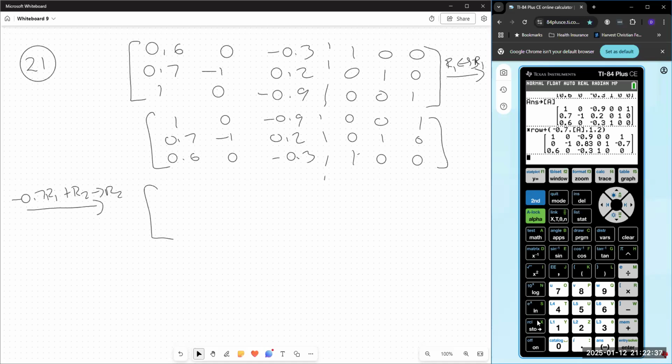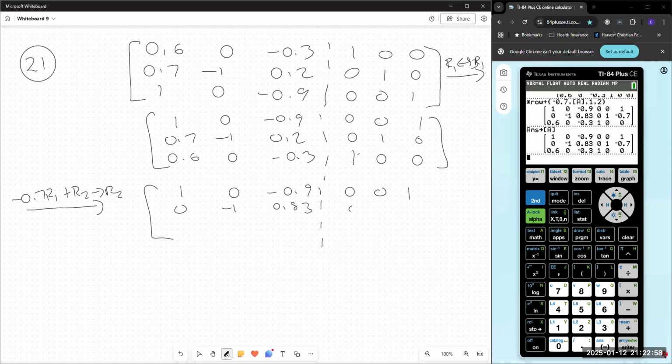And then store second matrix A, and we get 1, 0, negative 0.9, 0, 0, 1, 0, negative 1, 0.83, 0, 1, negative 0.7, 0.6, 0, negative 0.3, 1, 0, 0.